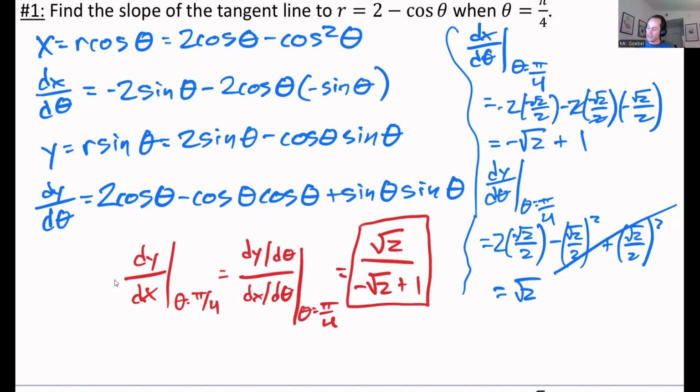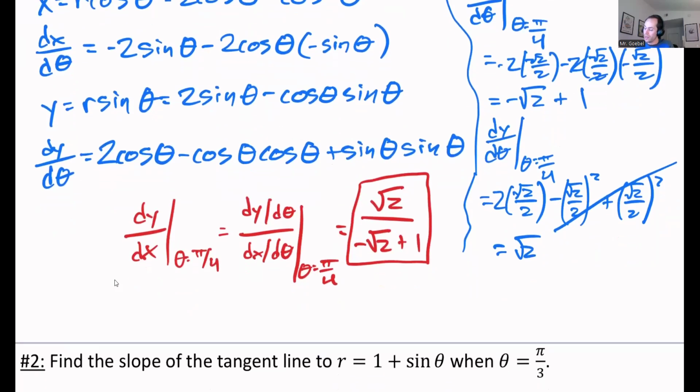Just for the sake of multiple choice, this is a good chance to briefly touch on rationalizing. If this was multiple choice, there is a chance they could rationalize it. How we would rationalize this is multiply the top and bottom by positive √2 plus 1.